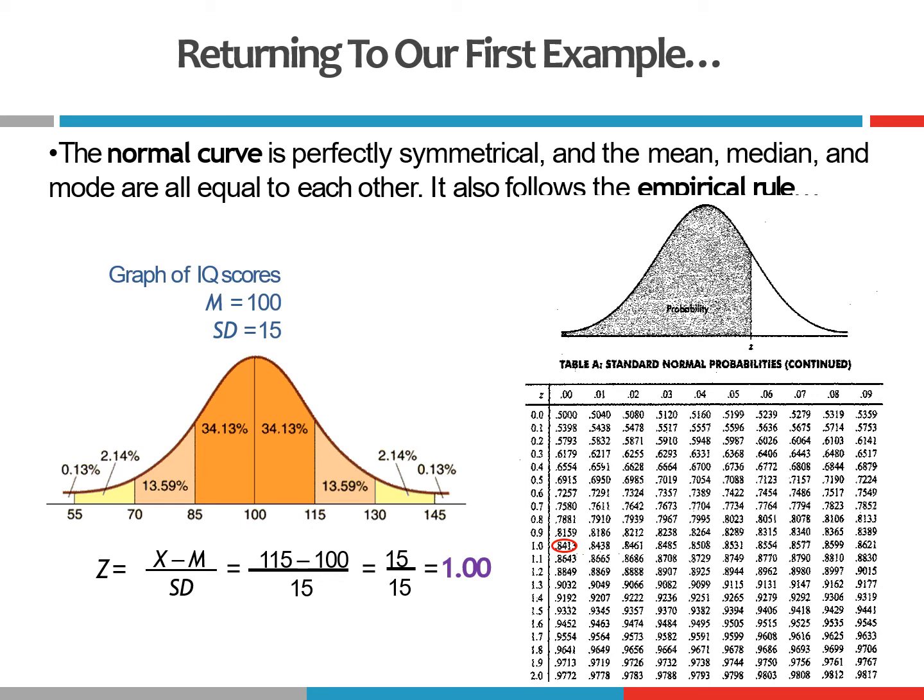And just like we saw in the graph, when we added all of the probabilities to the left of 115, right? 34.13 plus 34.13 plus 13.59 plus 2.14 plus 0.13, right? That gives us a probability of 84.14, and that's exactly what we find in the table. Okay, so we're doing the exact same thing.